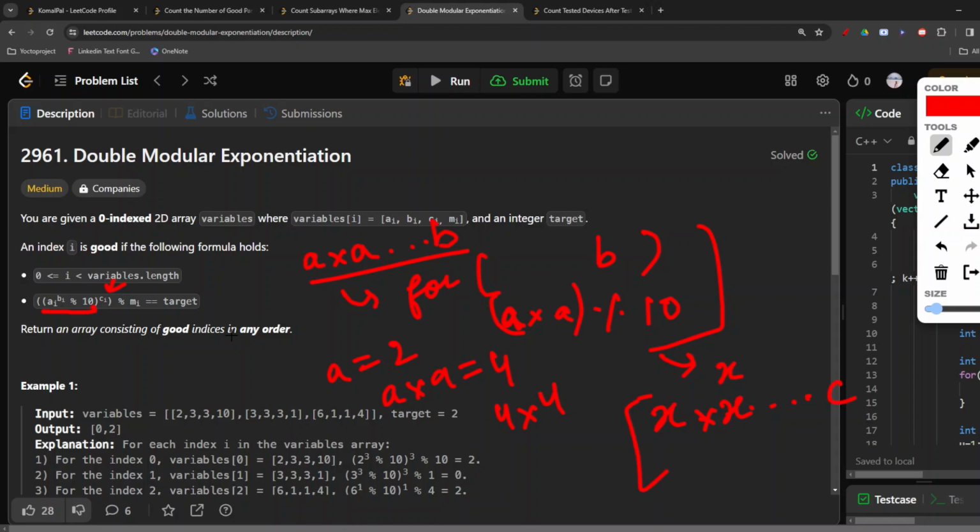So for that also we will be taking a for loop, and in that context we will get a value that is much smaller as compared to what we would have got if we had directly put it into the formula.